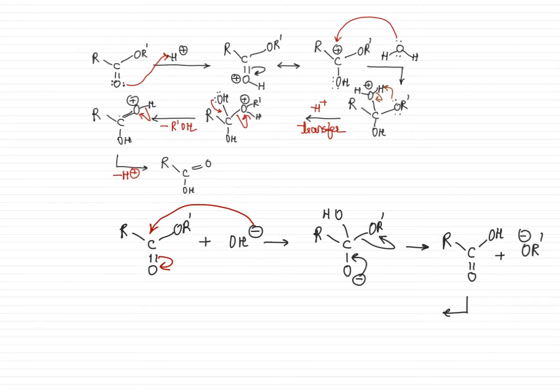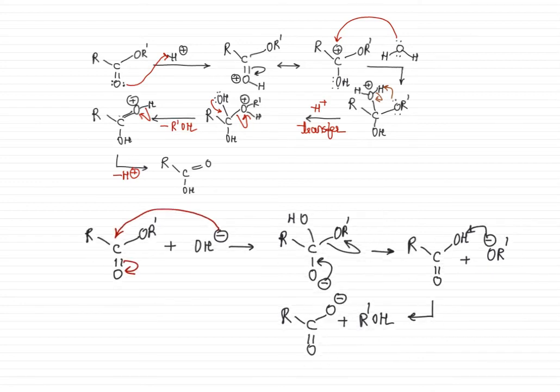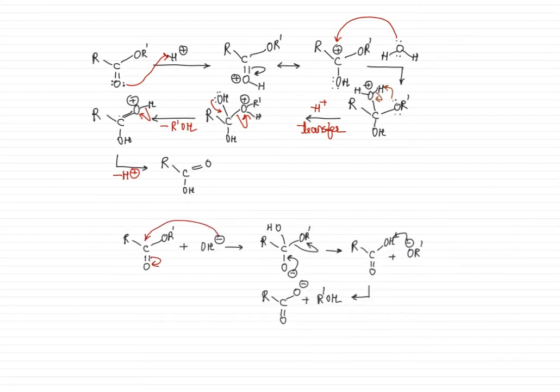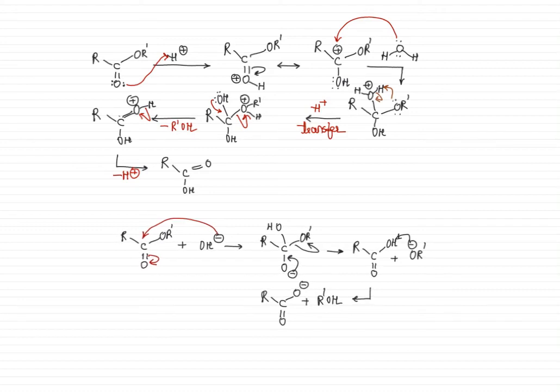Now there would be a proton transfer because the medium is basic. You have R, C double bond O, O minus plus R dash OH. Thus, in alkaline medium, this is pretty easy, right? You can have your ester undergoing a simple basic hydrolysis. I think things are very simple here, right?